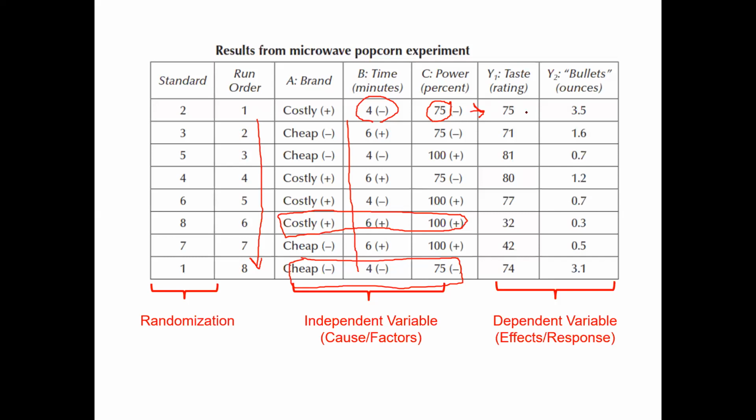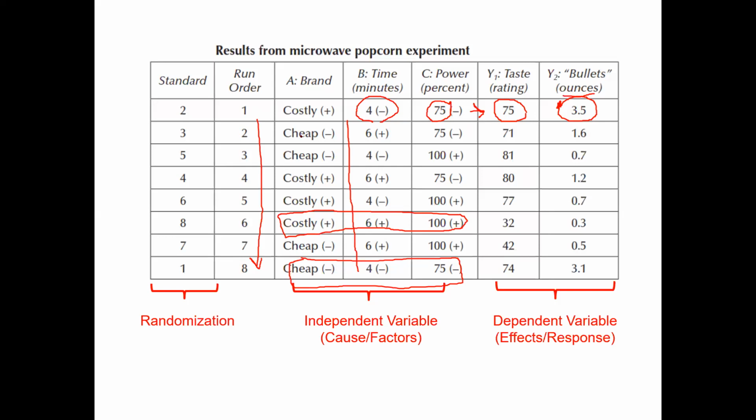They were asked to rate how much they liked it out of 100%. For this batch they said 75%, it is good. And the bullets came to 3.5 ounces. Since this textbook is from the US, they write in ounces, though usually we write grams. So 3.5 ounces of bullets formed in this trial.